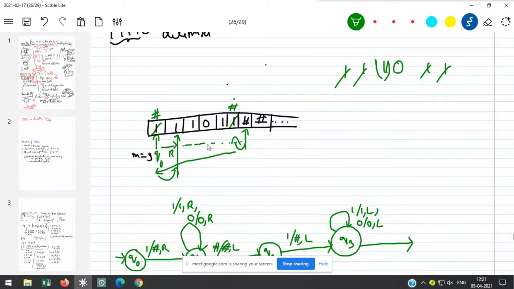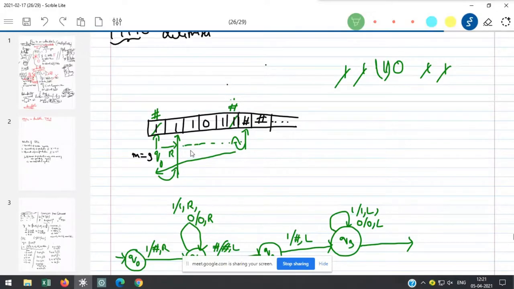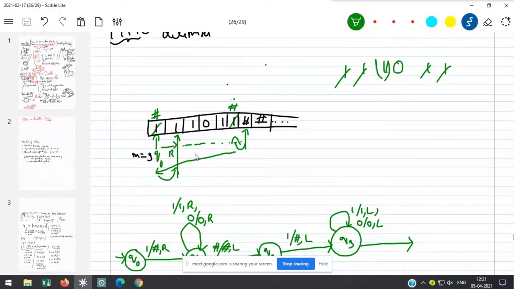Now it's a recursive process. Once you find hash, we're going to move towards the right side, and in the right side, if you find 1, then cancel it. So it's repeating, it's recursive in nature.